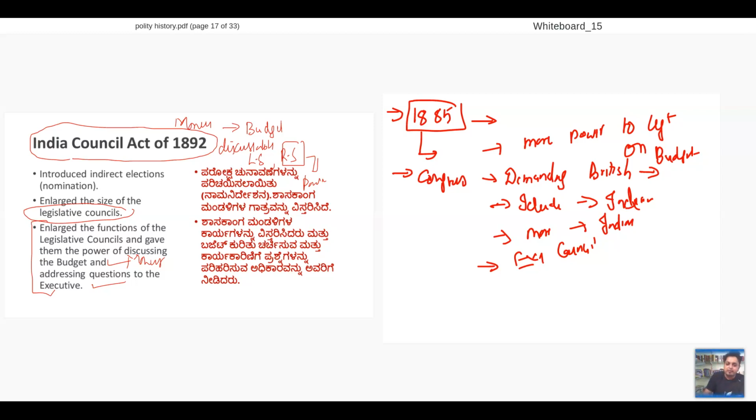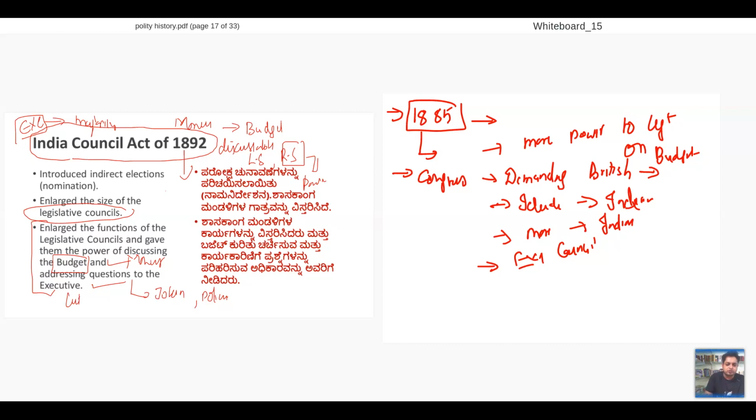But what they had is they could start discussing money bill. So didn't we continue from 1892 till today? Rajya Sabha has nothing to say with the money bill. It is purely left with Lok Sabha. Or can I tell other way? Executive will be having majority, so it is left with executives purely. So isn't this what is existing in us even right now? But could they discuss budget? Yes. They can ask questions? Yes. So same thing we have here for us now. Token cut, policy cut, cut motions.